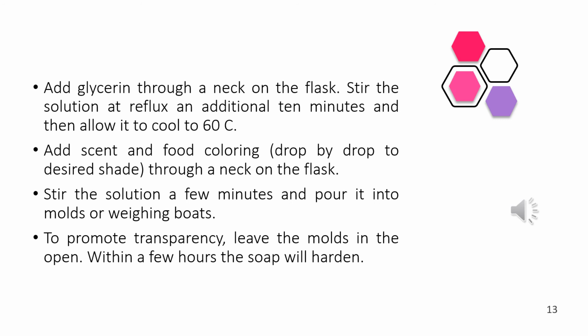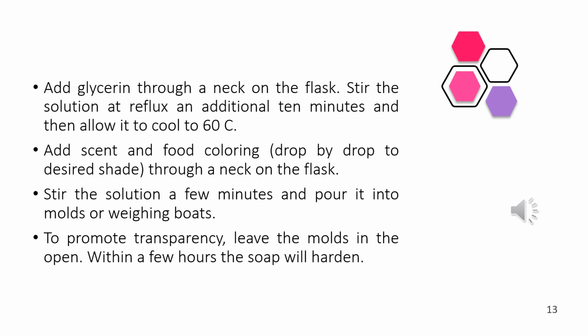Add glycerine through a neck on the flask. Stir the solution, add reflux for an additional 10 minutes and then allow it to cool to 60 degrees centigrade. After making the sugar solution, we will add the glycerine through a neck on the flask.